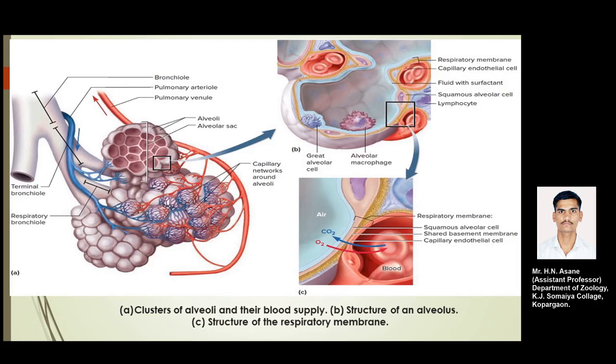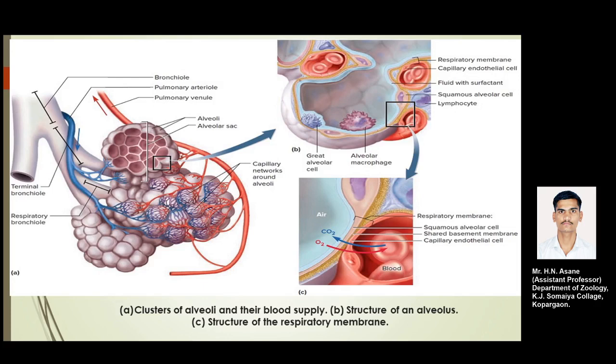The respiratory bronchioles further divide into a number of alveolar ducts, 2 to 11 in number, which are thin passages containing flattened epithelial cells. The duct forms many branches and leads into the alveolar sac.